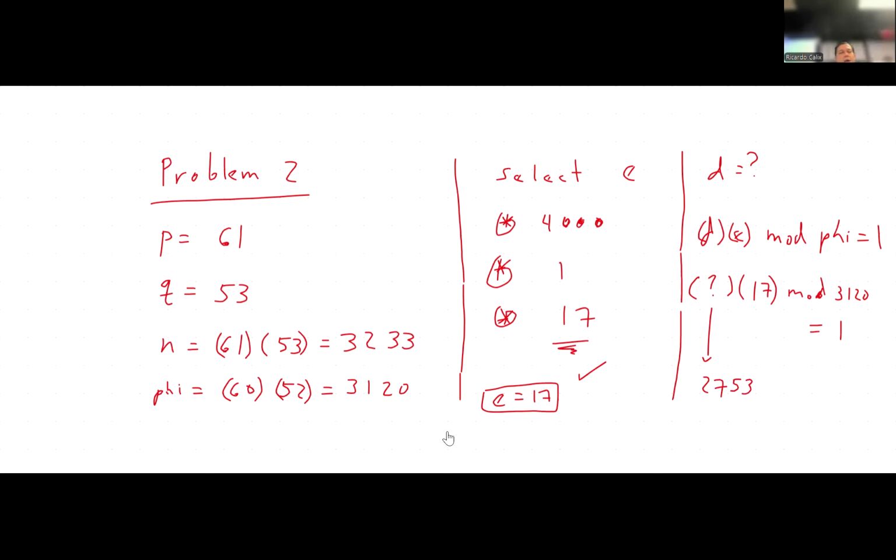So now you have all the parameters, so you can summarize. And I can give you all these parameters and then ask you for the public and the private key, so you should be able to write it out. So the public key given this problem would be E is 17 and N was 3233.